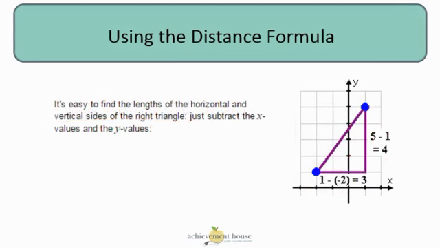We finish out this problem with the actual points. We have 5 minus 1 equals 4. 1 plus 2 equals 3. And so if we did 3 squared plus 4 squared, we would get 25. And then if we took the square root of that, our distance here should be 5.